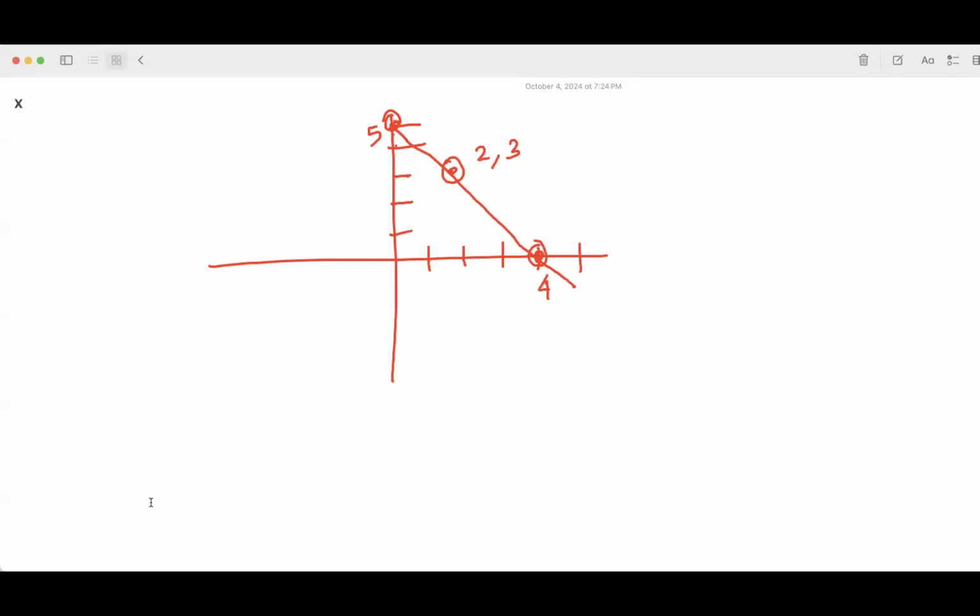Either I am wrong or you're wrong. I don't know. How did you all get minus 3 by 2x plus 5?